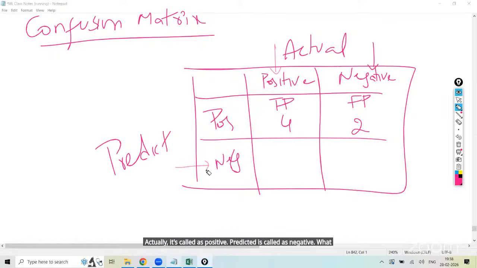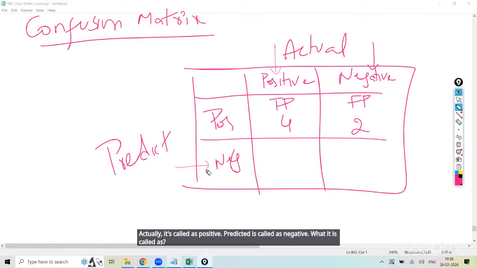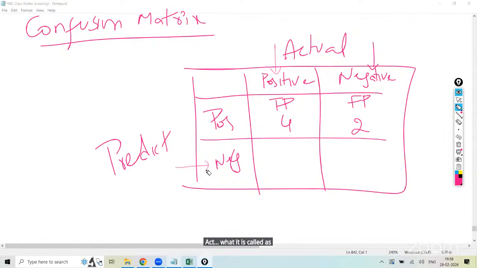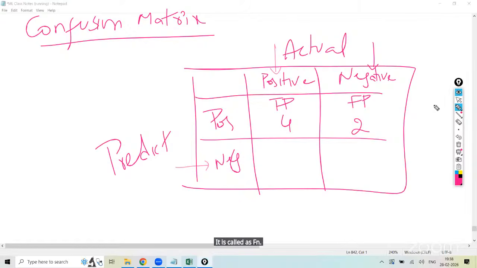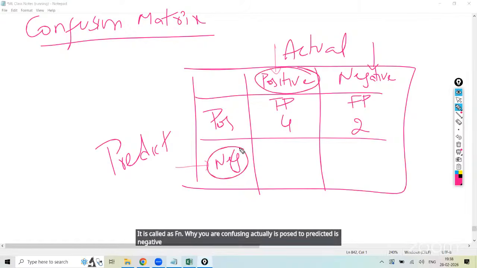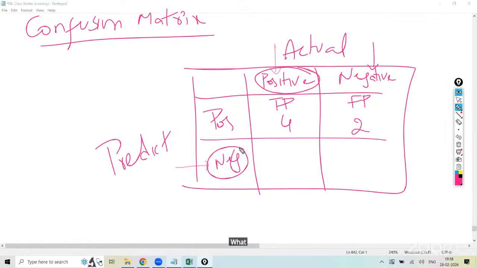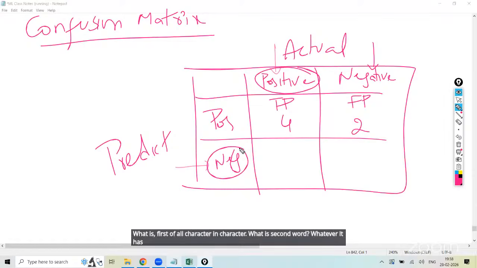It is called FN. Why are you confusing? Actual is positive. Predicted is negative. Correct or incorrect? I told you. What is the first word? Correct or incorrect? What is the second word? Whatever it has predicted. In this, what is the confusion?